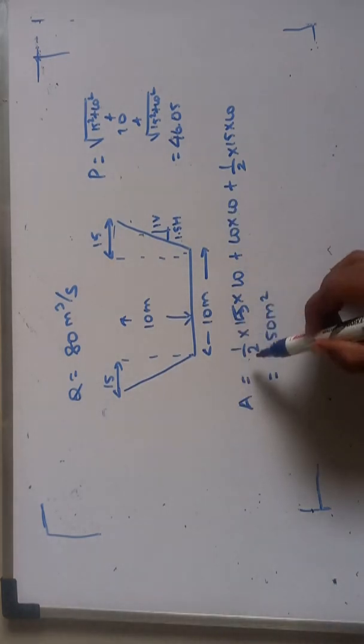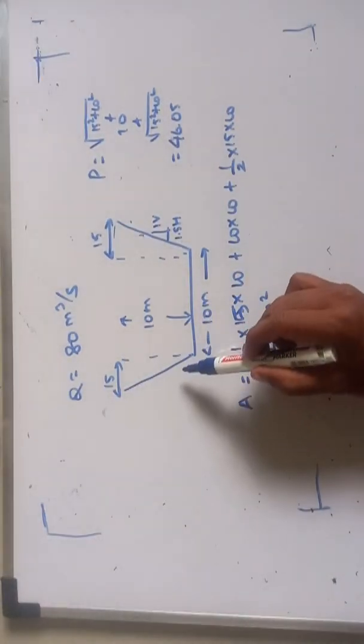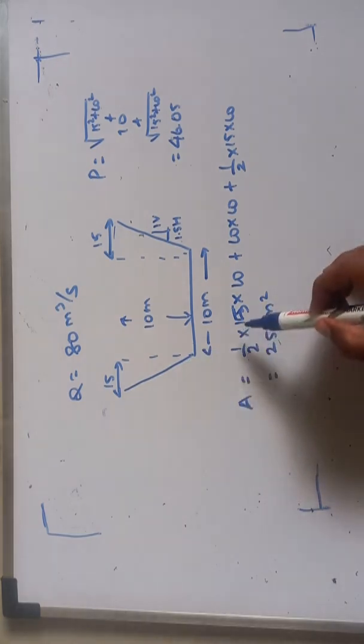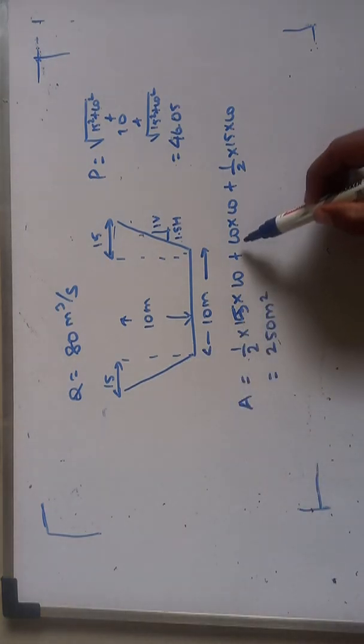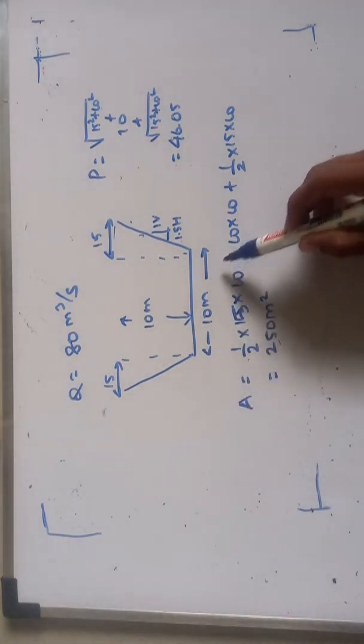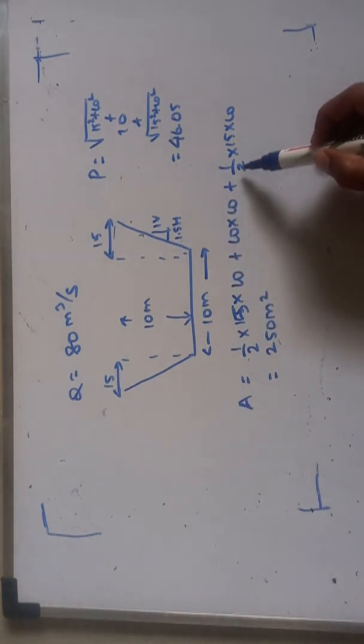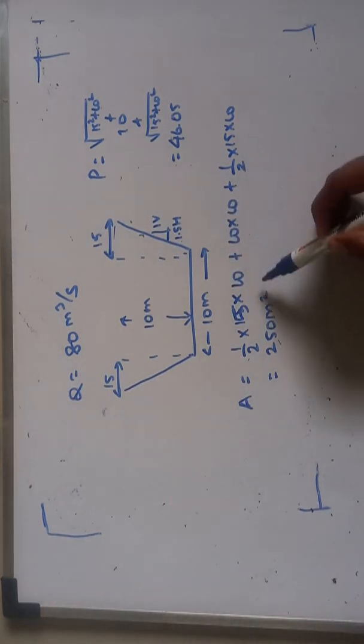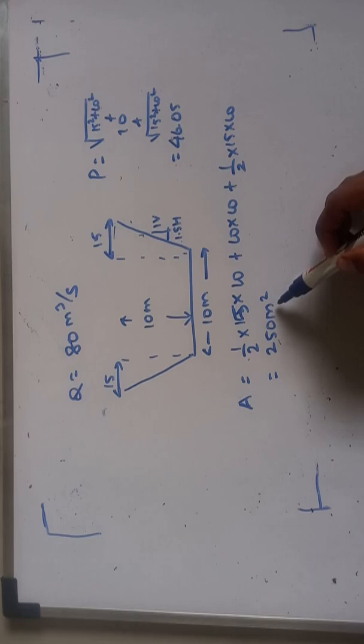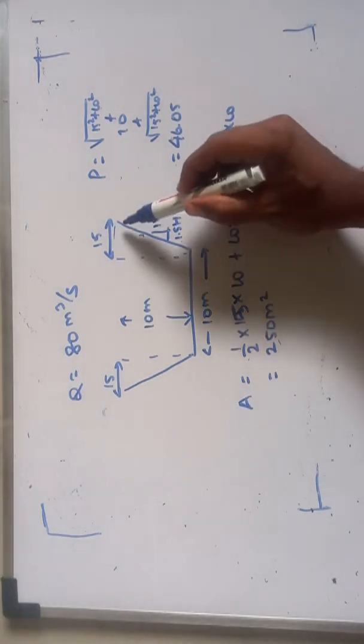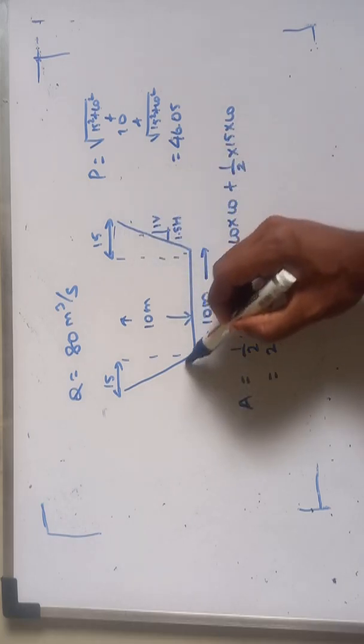So area is equal to the area of this triangle, half into 10 into 15, plus this rectangle, 10 into 10, plus again a triangle, half into 15 into 10. If I solve, area will be 250 meter square. Perimeter is nothing but this length plus this length plus this length.